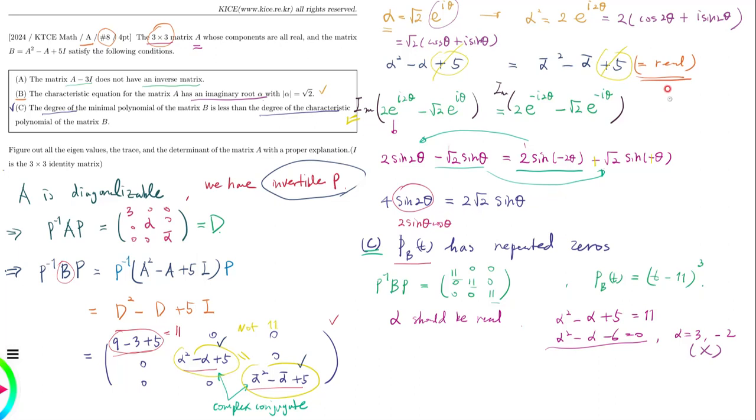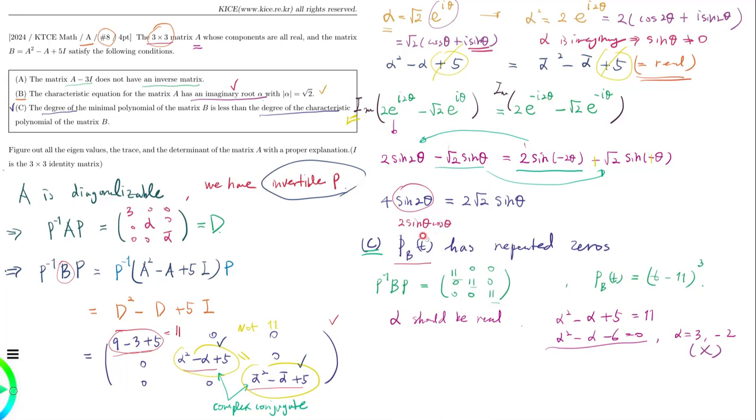Okay. And as you can see, since alpha is imaginary, that means its imaginary part, which is sine of theta, should not be 0.